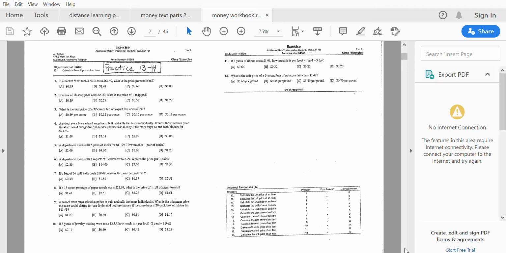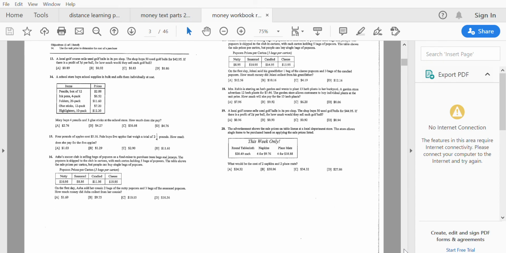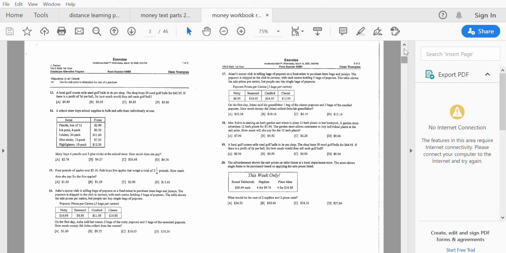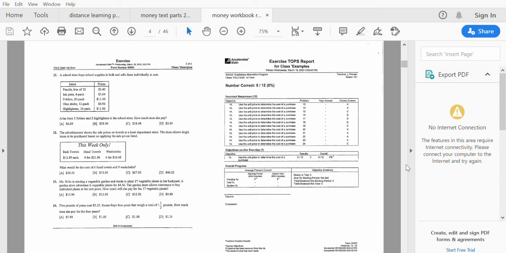When you think you understand that, you're going to go to the next page. Objective 14 is what we just did. Okay, so there's some problems on the page here. The answers continue here up to number 24. Here are the answers. Check your answers. Again, you don't have to do every problem on that.